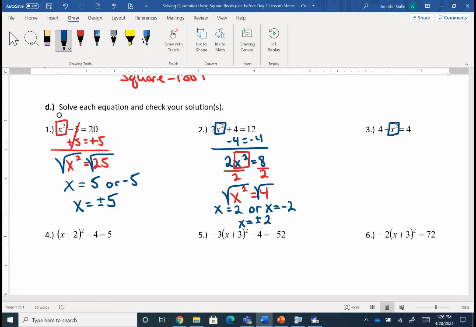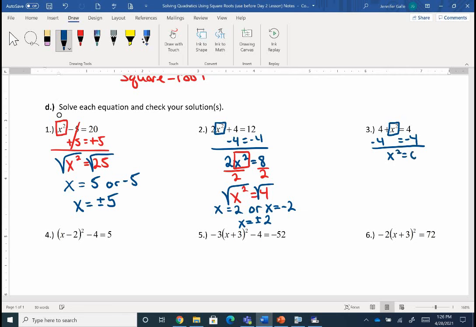How do I move that 4 to the other side? I know there's not a plus or a minus in front of it, and there's sometimes where people get stuck. What do you think? How do I take positive 4 and move it to the other side? To undo the positive, we would have to have a negative, right? So we're going to subtract 4 from both sides.